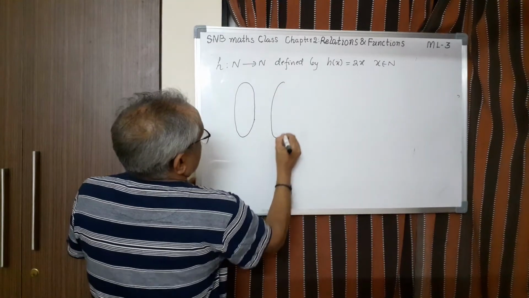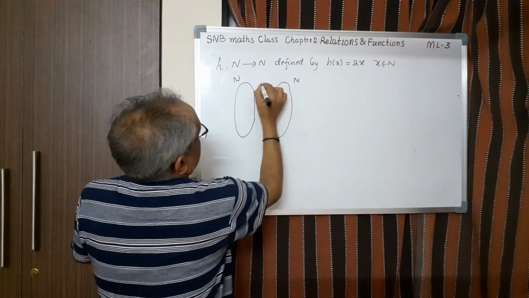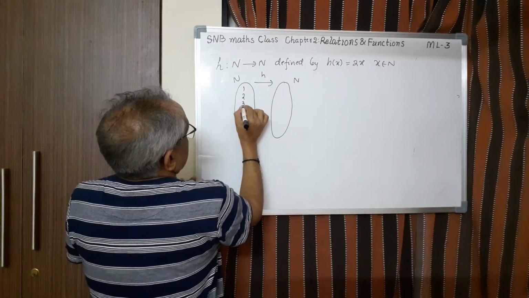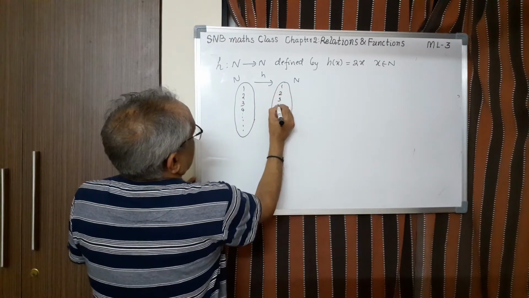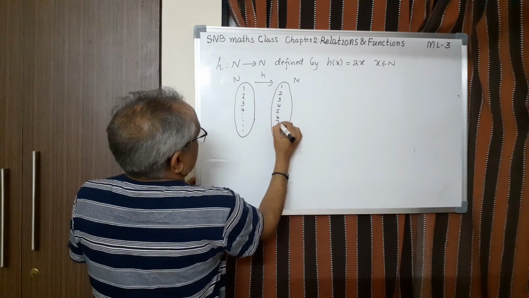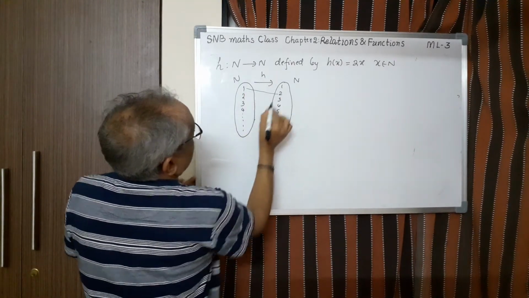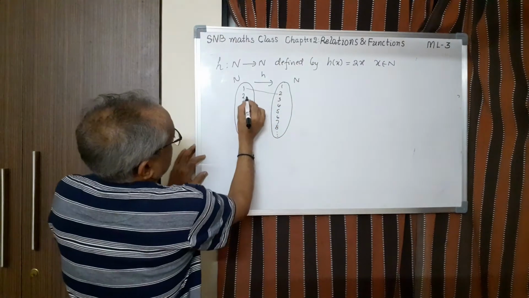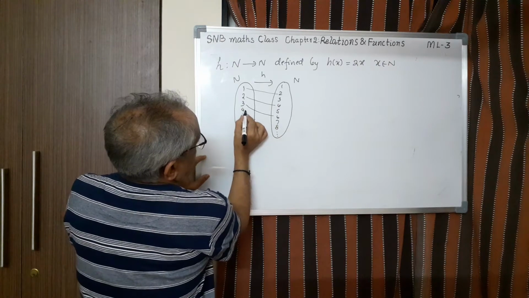N, and here also N. So this is h. 1, 2, 3, 4, etc. Here 1, 2, 3, 4, 5, 6, 7, 8, etc. So 1 is going to 2, because h of 1 is 2 into 1, 2. h of 2 is 4. h of 3 is 6. h of 4 is 8.